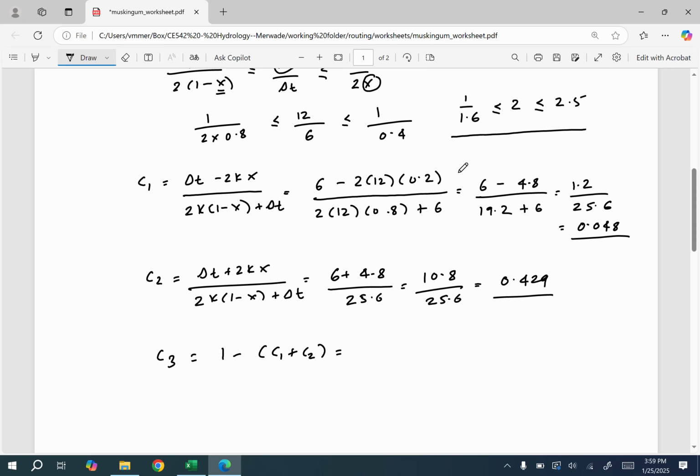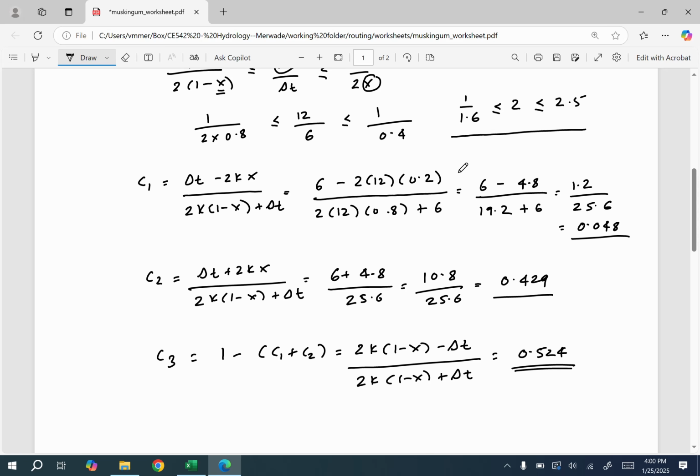So this is going to be 2K(1 minus X) minus delta T over 2K(1 minus X) plus delta T. Either way you calculate, the answer is about 0.524, and depending on how many decimals you use, you may get slightly different values. Since I'm using 3 decimals, the sum will be very slightly over 1, but that's okay. As long as they add up and the values are close to 1, we are good.